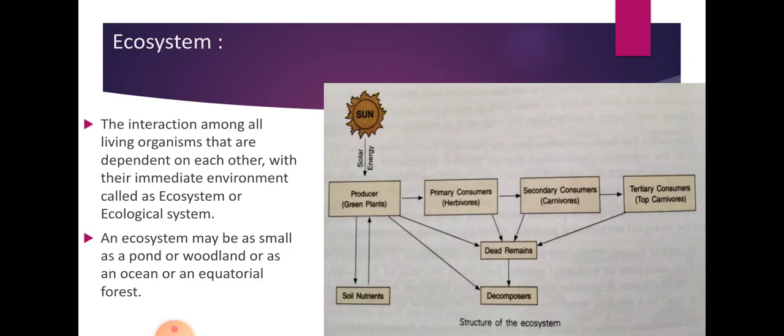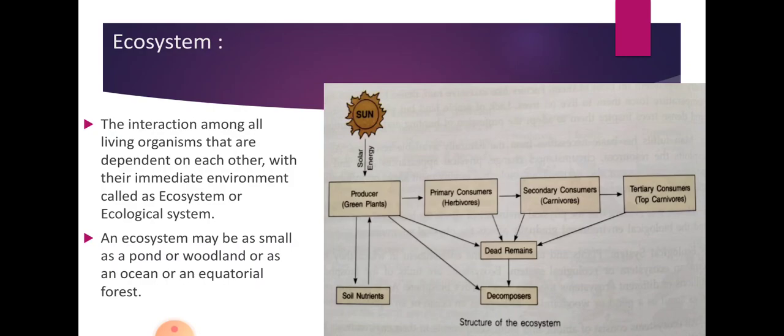And when they die, what happens? The dead bodies of those animals and plants decompose, and the minerals in the form of different matter mix into the soil. The gases which the living organisms made are released after decomposing and get mixed with the atmosphere.